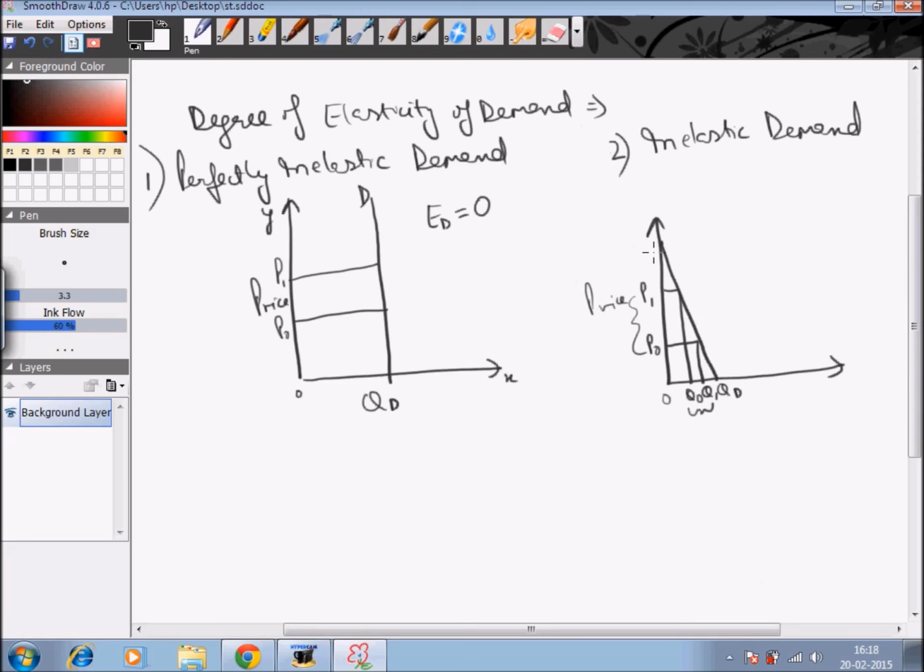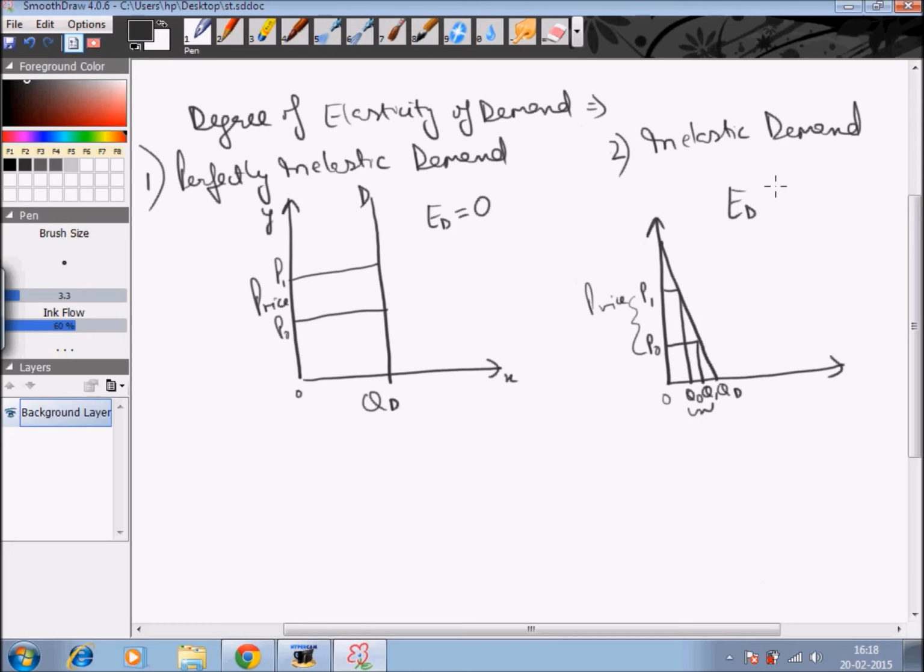So this we find in case of necessities and comforts. People react less to the price changes of these types of goods. So the elasticity of demand is less than 1 in this case.